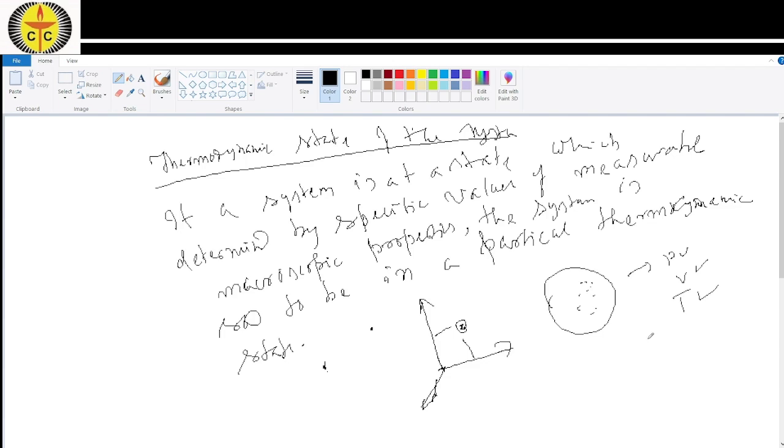These factors which bring about a change in the state of the system are called state variables, or in other words, state functions.